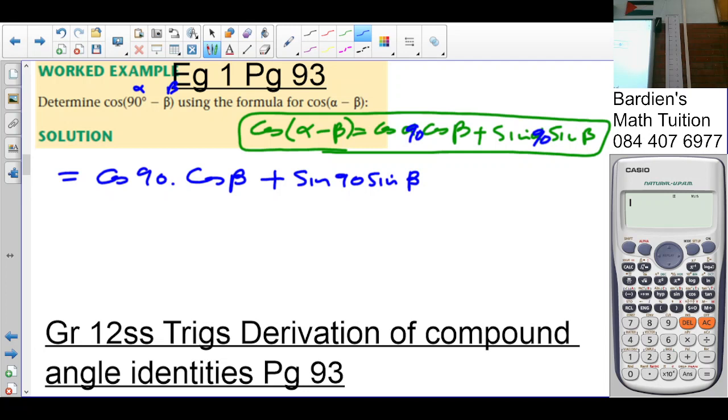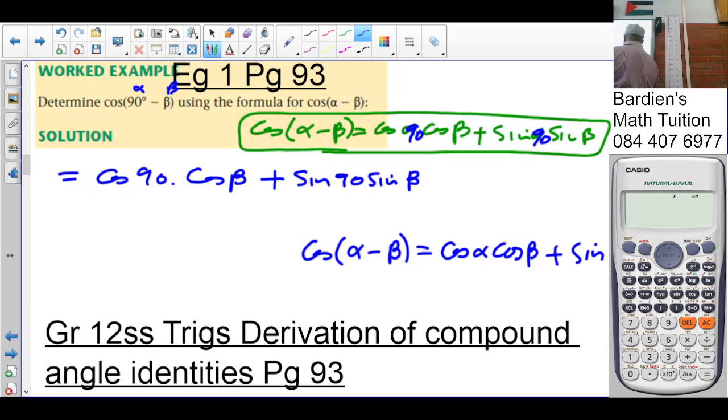Okay, so initially it's a bit confusing, but just remember that cos of alpha minus beta is equal to, and this is on your formula sheet, the identity that was proven: cos of alpha, cos of beta, plus sine of alpha, sine of beta. Again, in the sum that was given, cos of 90 minus beta, where I see alpha, I put a 90.